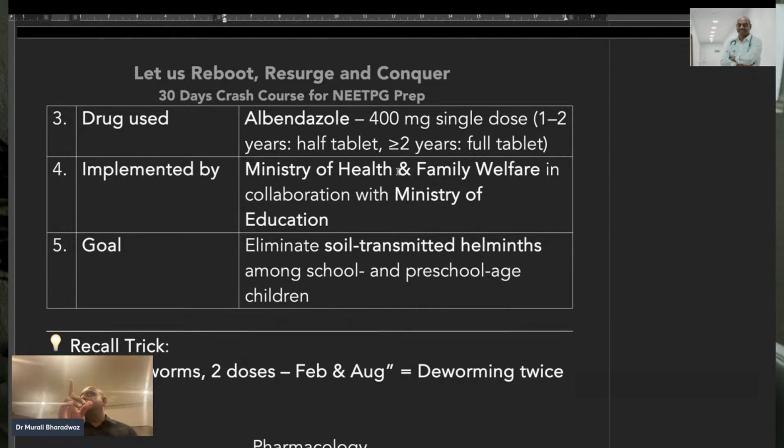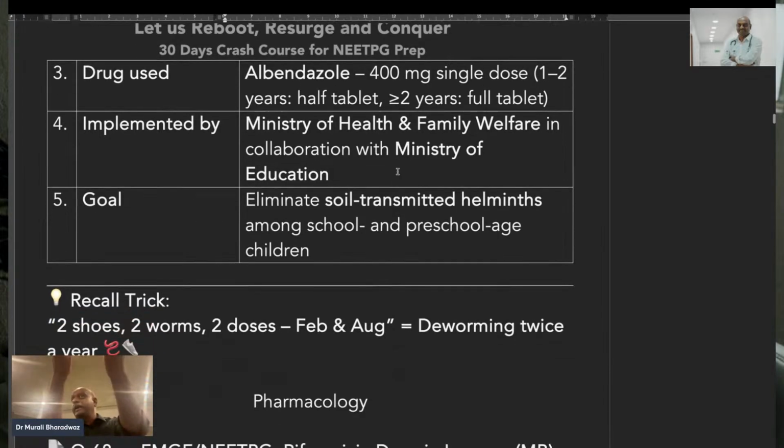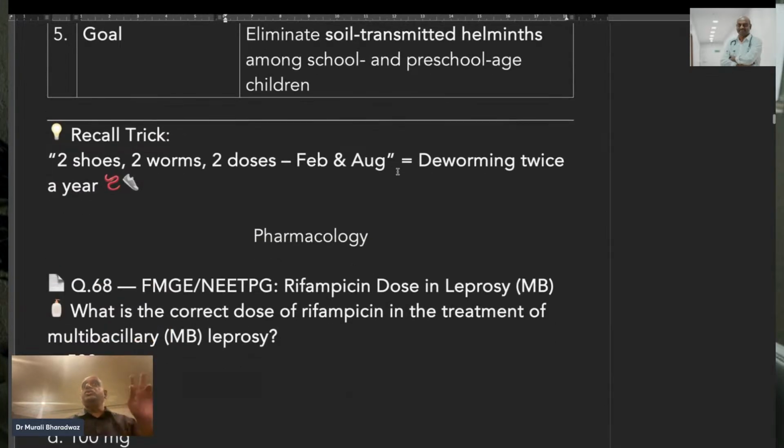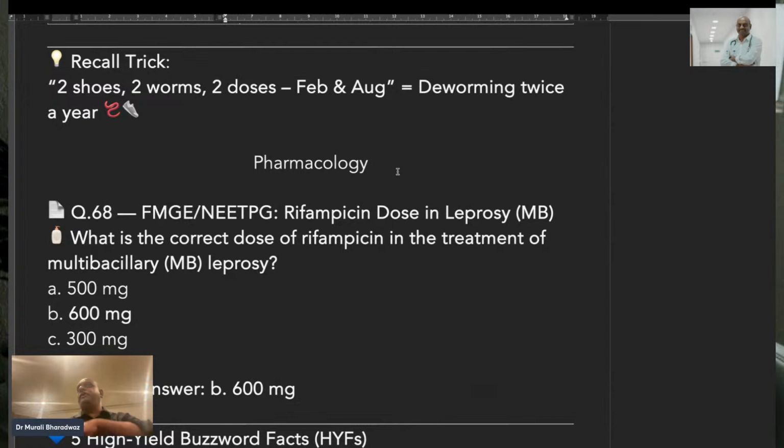For 1 to 2 years, half a tablet; for more than 2 years, the full tablet. It is implemented by the Ministry of Health and Family Welfare in collaboration with the Ministry of Education, because school children are in the schools. 2 shoes, 2 wands, 2 doses: February and August, deworming twice a year.